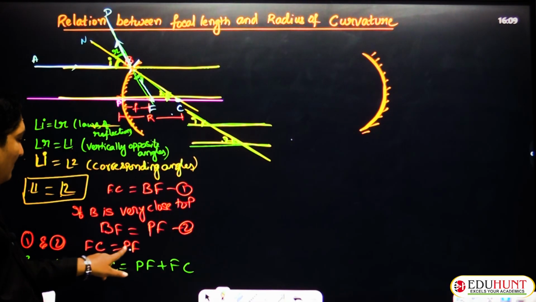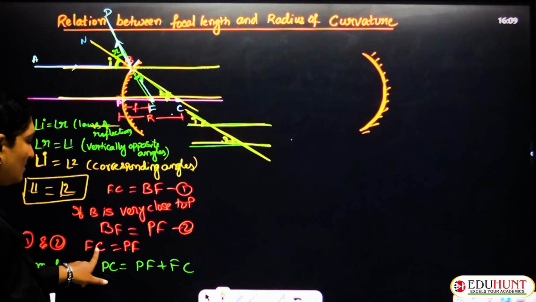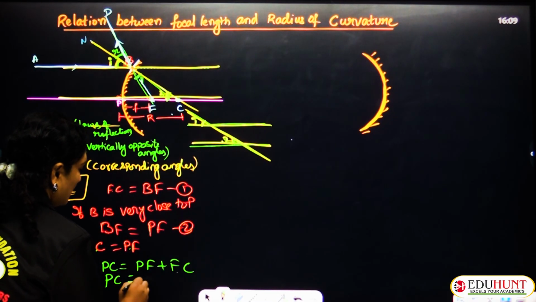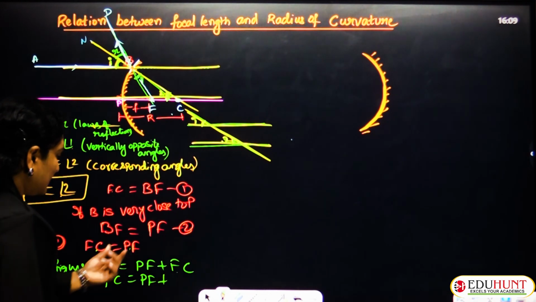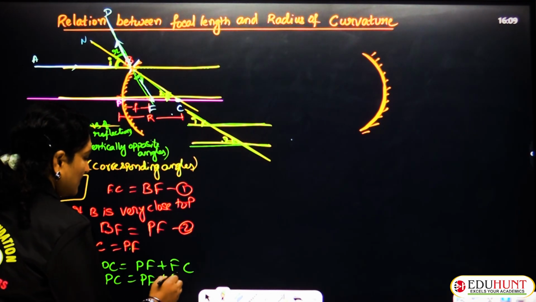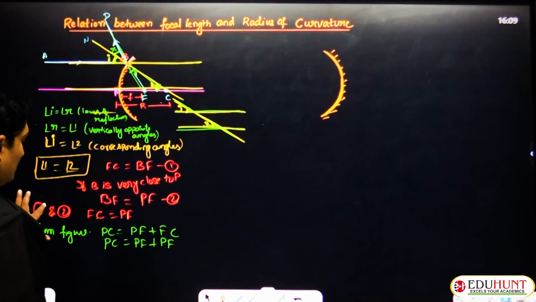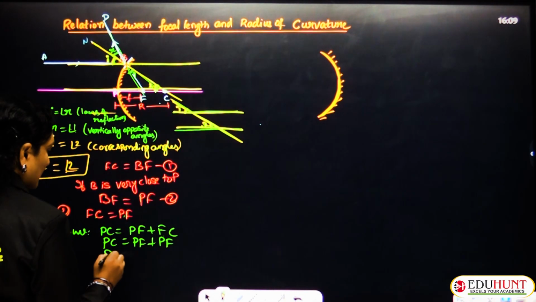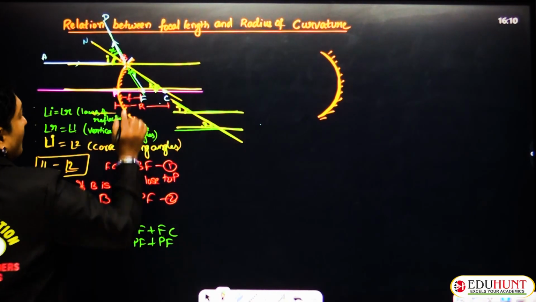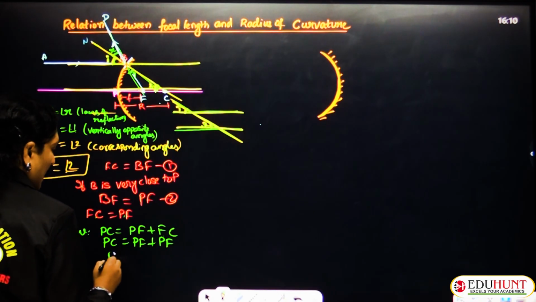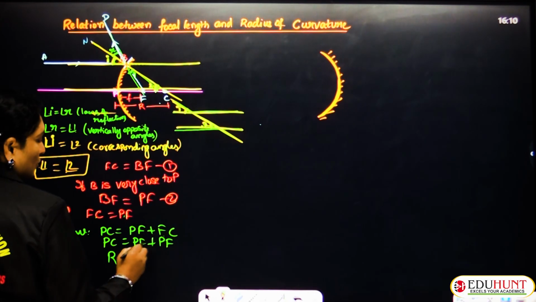But we know that PF is equal to FC. So, instead of FC, I can replace with PF. So PC is equal to PF plus PF, the total distance from P to C, which is named R, equals 2PF.